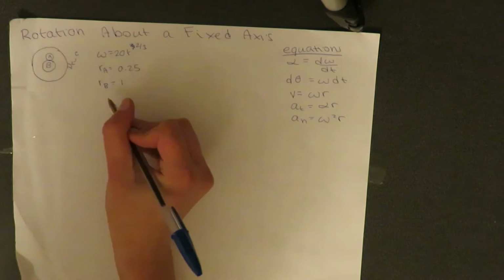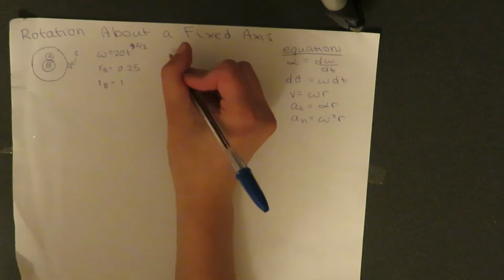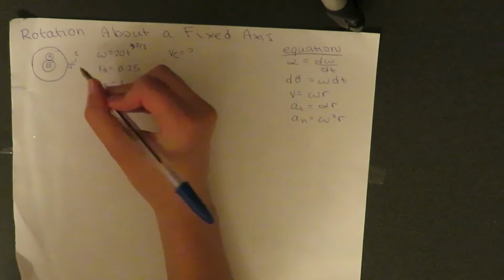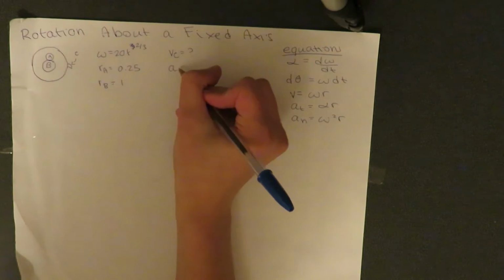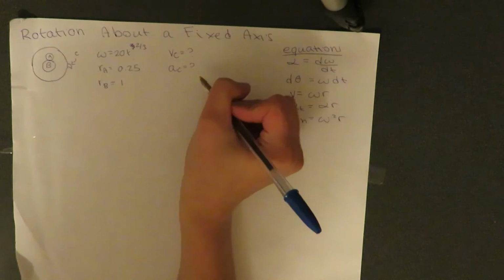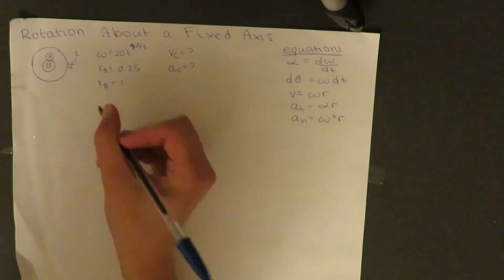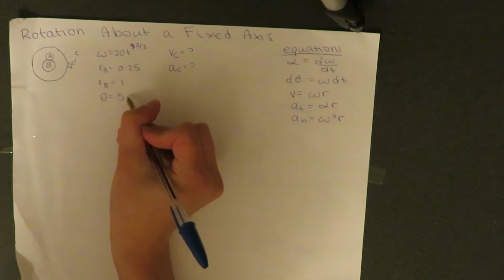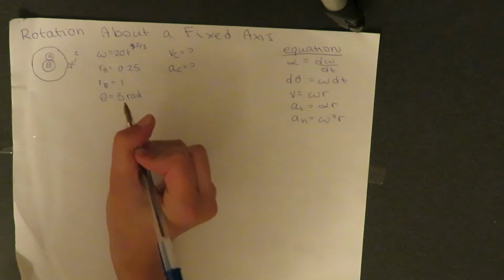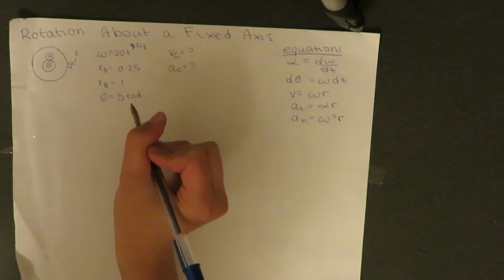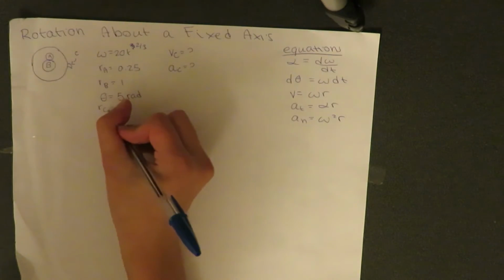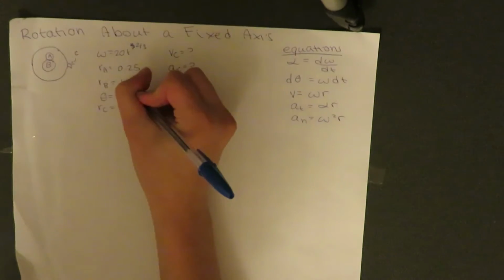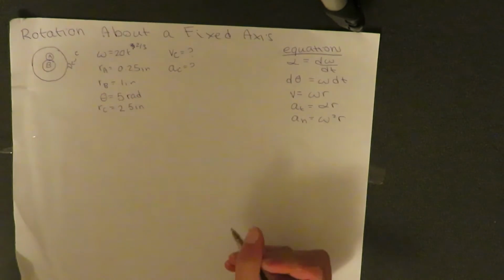It asks for VC, so that's what you're looking for, the velocity of this. And it's also asking for AC, the other thing you're looking for. And it's looking for these at a point when your rotation, theta, is equal to 5 radians. It also tells you in the diagram that your radius C is equal to 2.5 inches. These are all in inches.